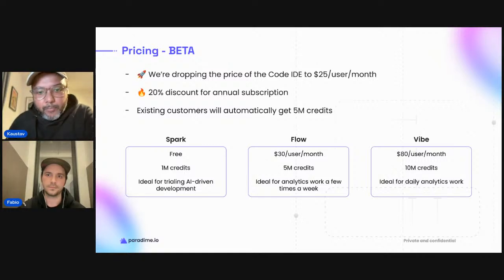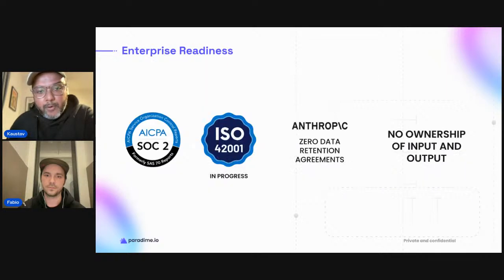The final part before we go into Q&A is around enterprise readiness. I think this is a very important thing to think about when it comes to rolling something like DinoAI out into the organization. We are already SOC 2. We have already gone through SOC 2 Type 2 audits and things like that, so that's already done.